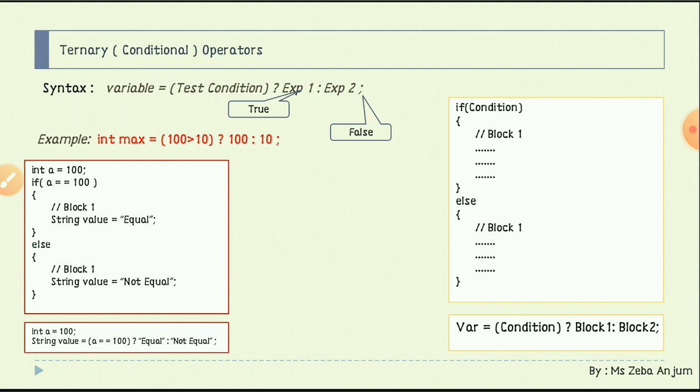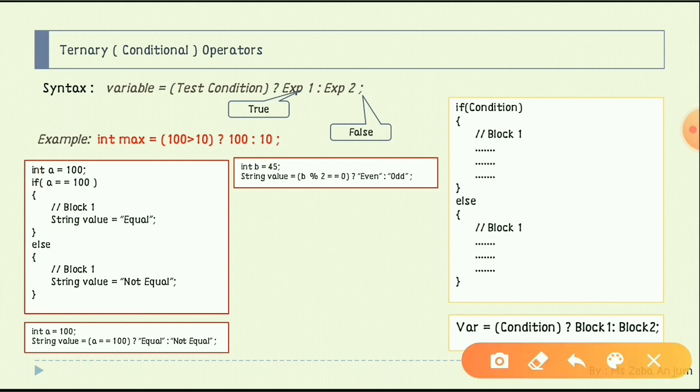Now again, let us take one more example. In case you are having this kind of expression, you are having a ternary operator, a conditional operation, and you have to convert this expression into your if else condition. Again, try to work it out. See, let us zoom this.